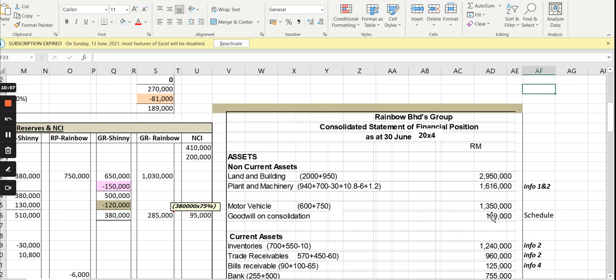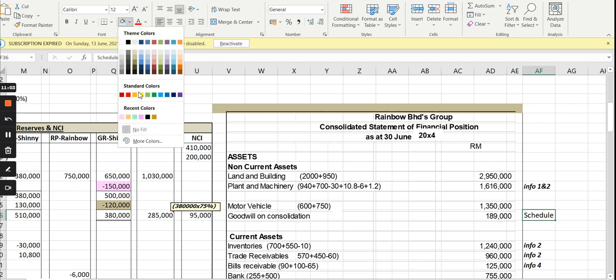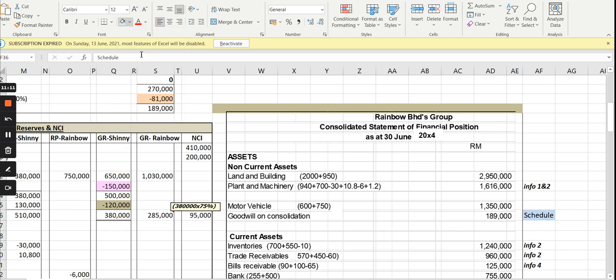So goodwill on consolidation will be shown here. That was from the schedule. So that is what you show here from the schedule. So just take a different color. Okay, this is from the schedule 189, but this 81 will have to be reflected.